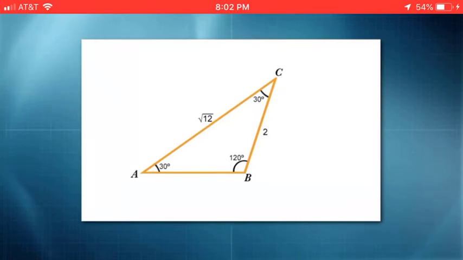The angle at C is the same as the angle at A. We have an isosceles triangle, don't we? Oh, okay, so the side AB, the side opposite angle C, is 2, equal to the other side of 2. And so this is a second triangle that satisfies the original data.